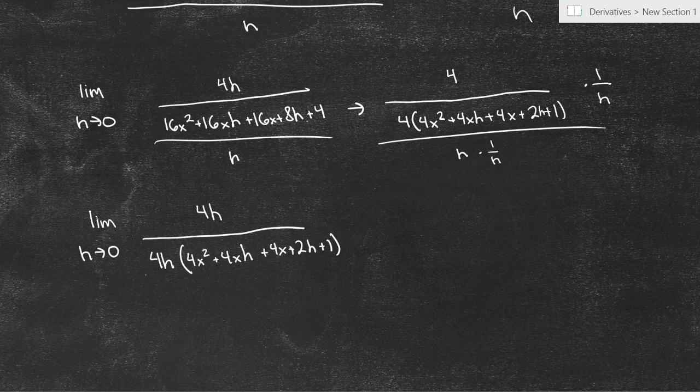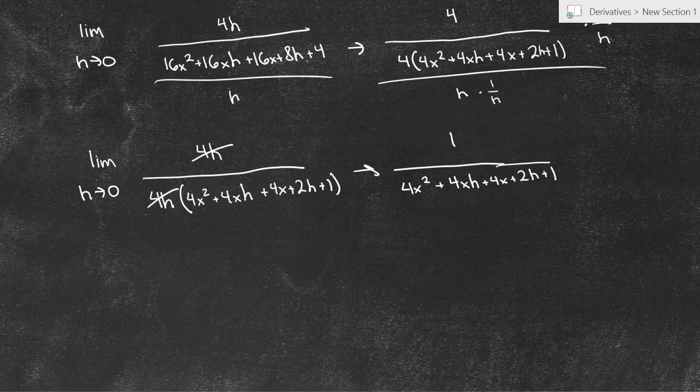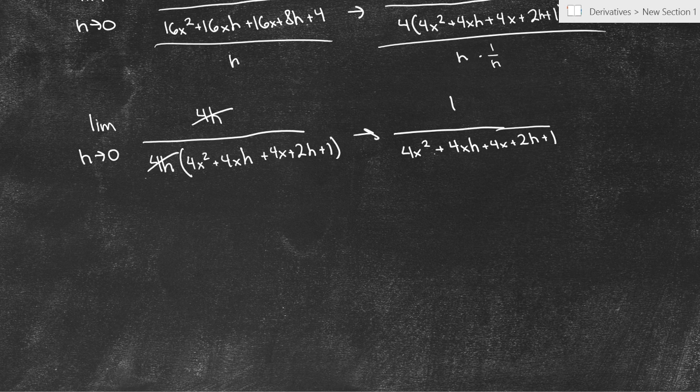And now we can finally do this cancel that we needed so bad. And we're going to get 1 divided by 4x squared plus 4xh plus 4x plus 2h plus 1. And now we can finally do what we wanted to do all along. Substitute in that 0. Anything that has an h on it is just going to become nothing.